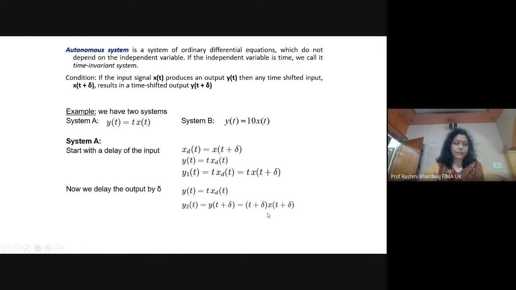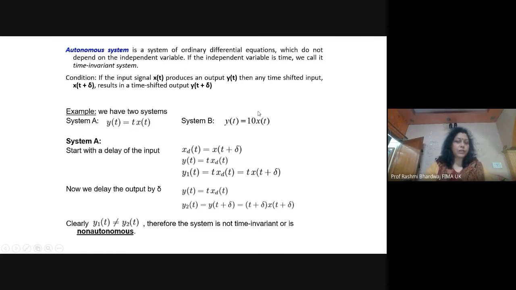Now see the difference of these two functions. These two are not the same. That's why this system is not time invariant, so it is a non-autonomous system. But if you see this system, y(t) is 10 x(t). If you change it, what do you get? y1(t) is 10 of x1(t) and y2(t) is also 10 of x2(t).